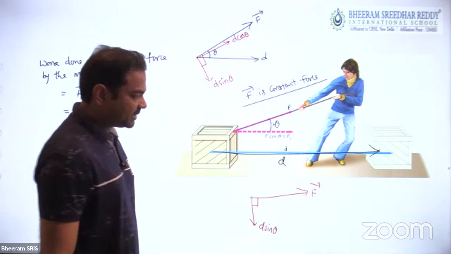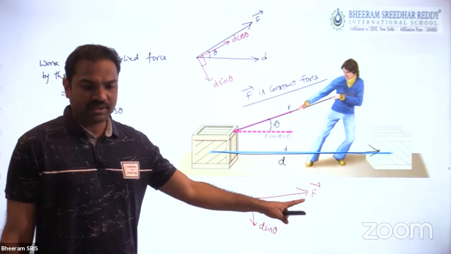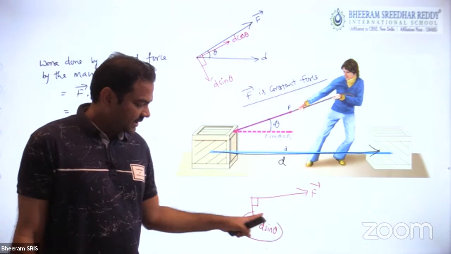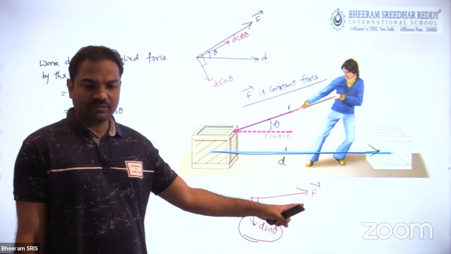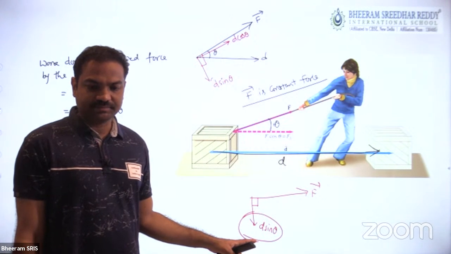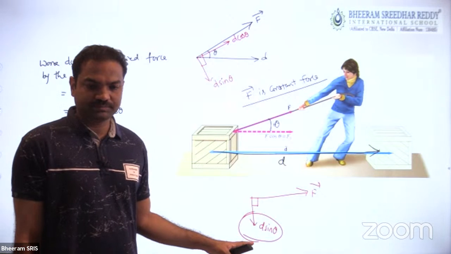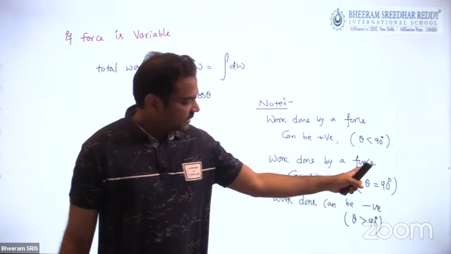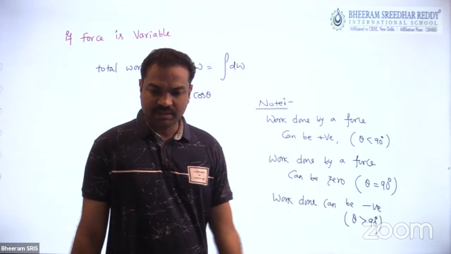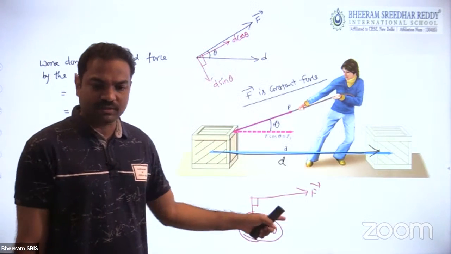Then what is the angle between them? 90. Then what is the work done by this force in displacing the d sin theta? Zero, no? Because both are perpendicular. Already we discussed. Work done by force can be zero when theta is 90. When they are perpendicular, there will be zero.